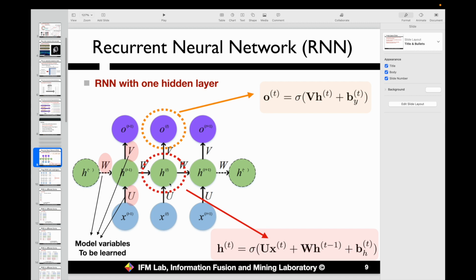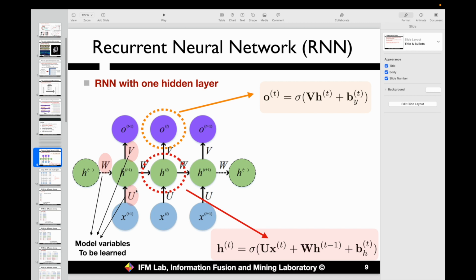So we can represent this ht vector as equal to U, a matrix of parameters, times this x vector, plus W, the parameters, times this h vector from the previous step, plus the bias. And then we can further feed this as input to an activation function like the sigma function as shown here. In this way, we can calculate the hidden representation of the neuron ht, combining both the raw inputs as well as other hidden neuron inputs.